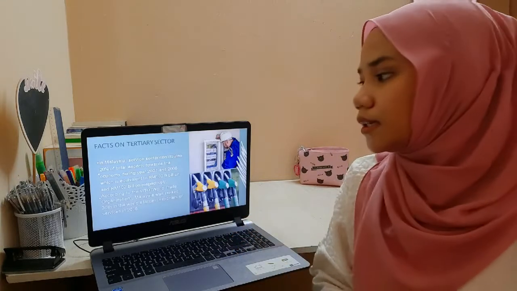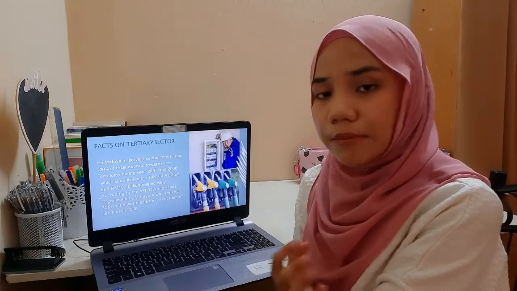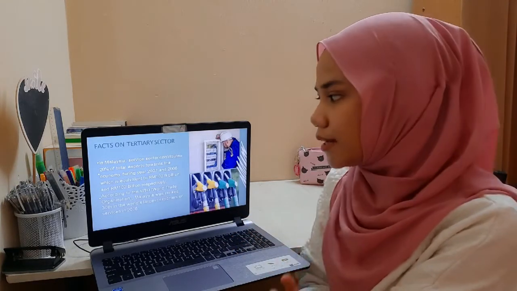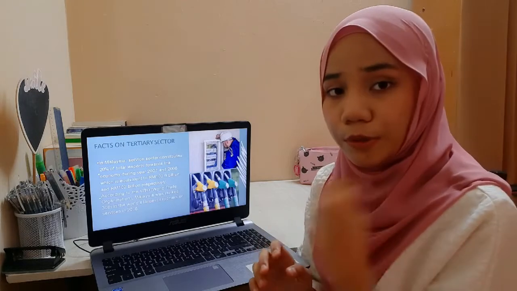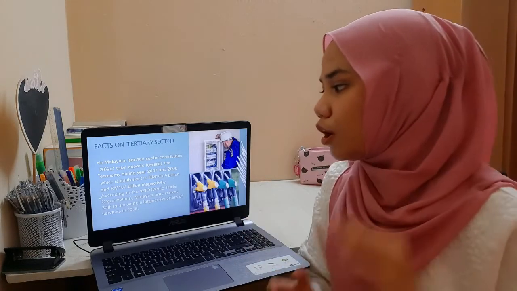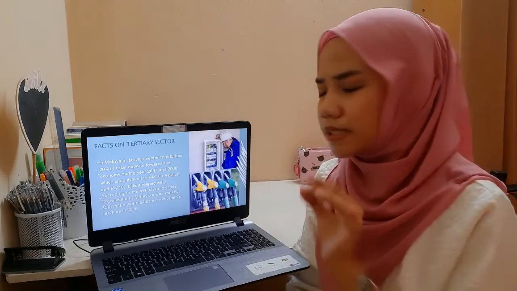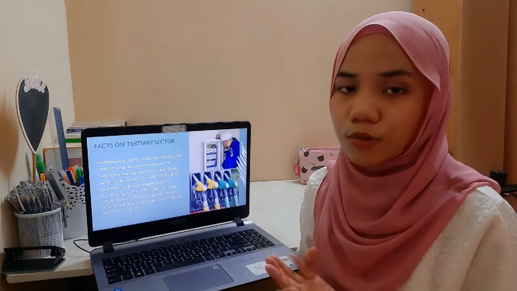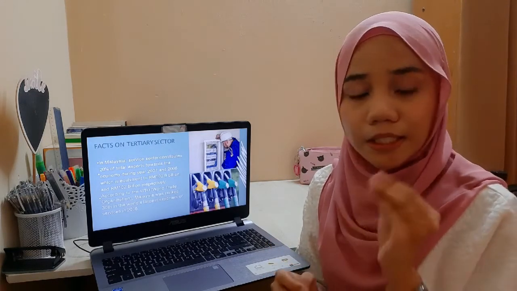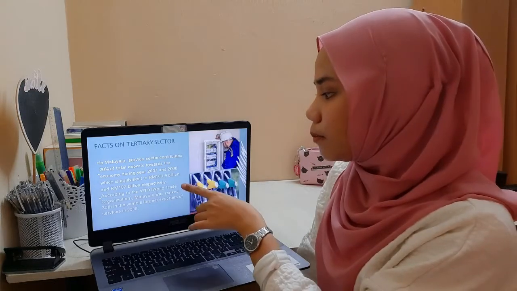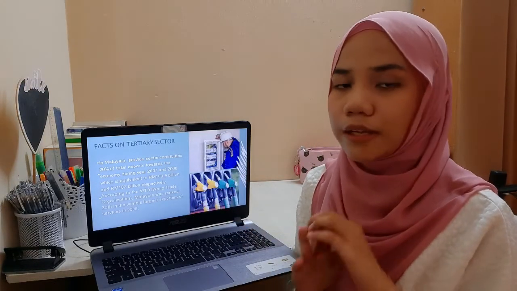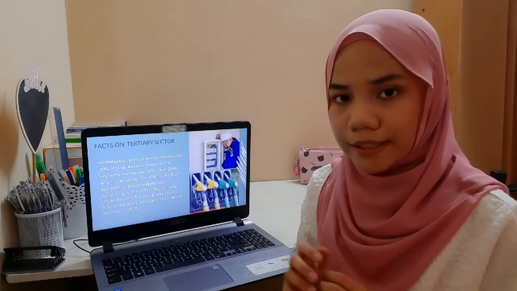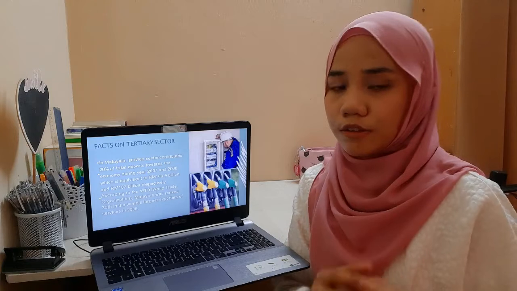Generally in Malaysia, 20% of total exports are contributed by this sector towards the economy. For example, it was equivalent to 100.9 billion in 2007 and 102 billion in 2018.